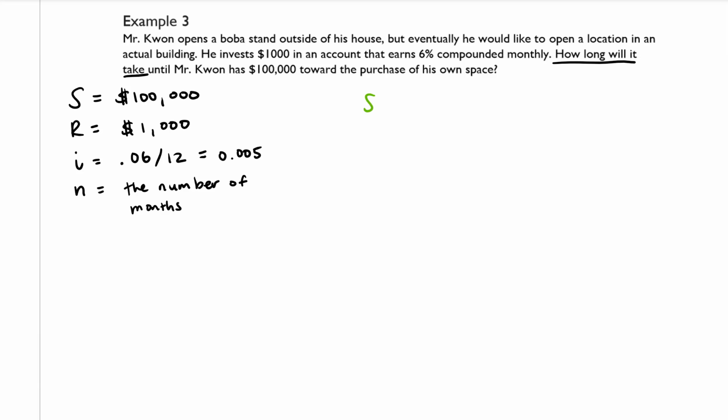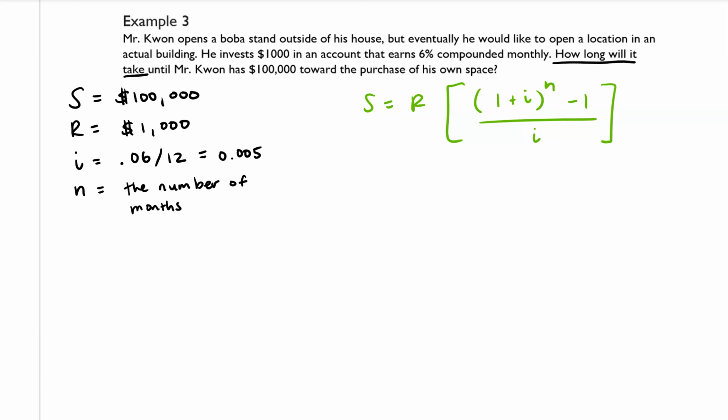So recall that the future value of an annuity is equal to the regular payments times 1 plus our interest rate to the power of the number of terms minus 1 divided by our interest rate.